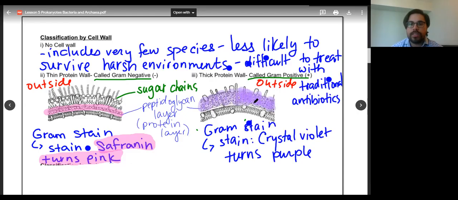When you notice the difference between gram-positive and gram-negative, you'll see that it has a very thick protein wall, and we call that gram-positive. And as you guessed by my color choice, it will turn crystal violet. The crystal violet will be absorbed by the bacteria, and it turns it purple.